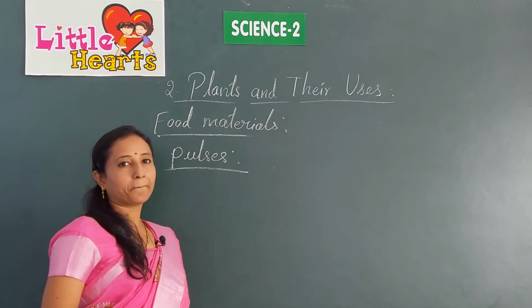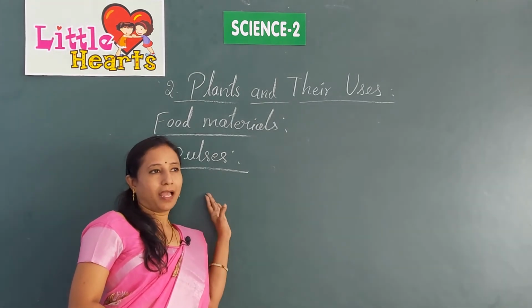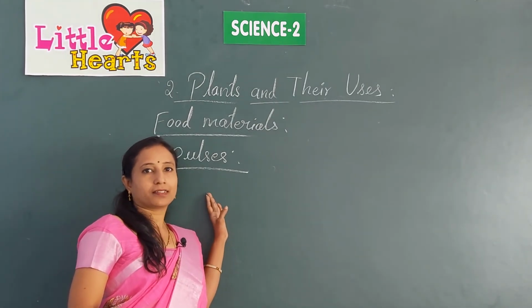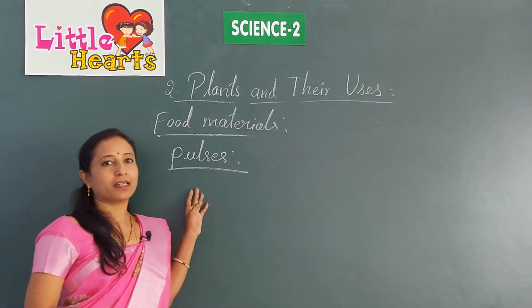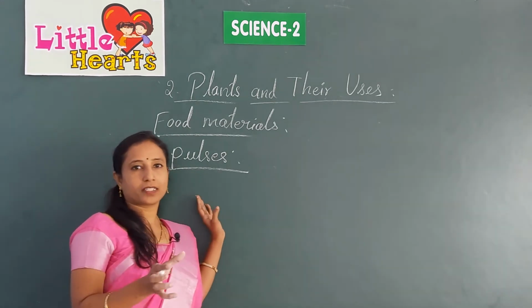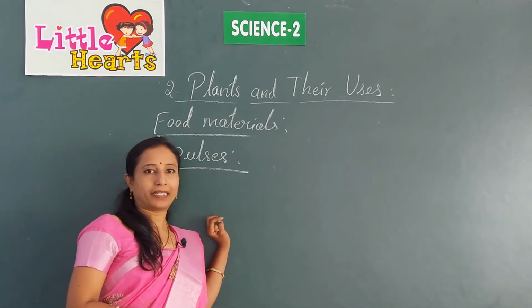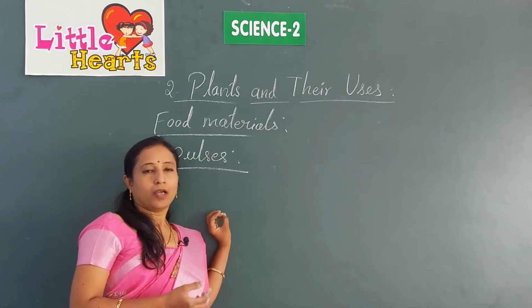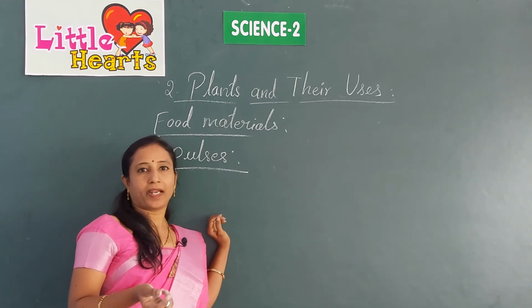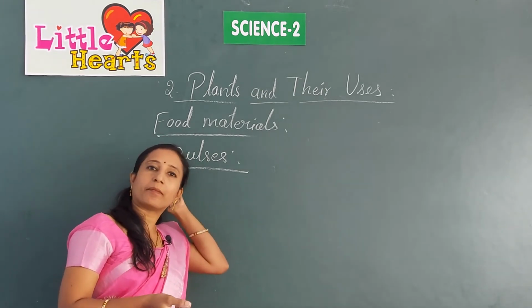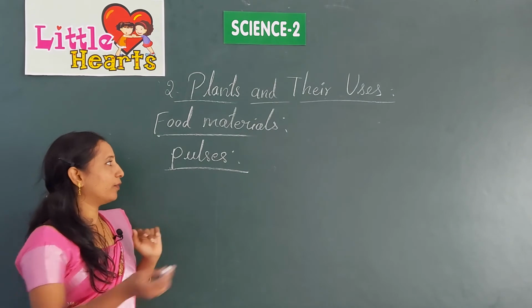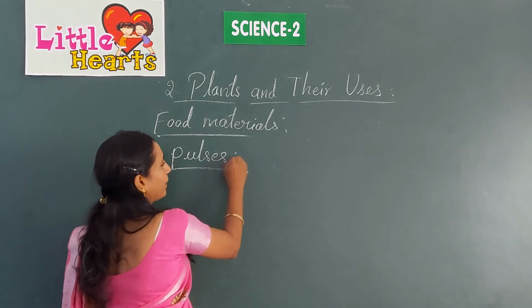What are pulses? As you take grains and cereals in more quantity, for example rice or chapati, you need some curry to eat along with that. So what is the curry made of? Most of the curries are made of these pulses. Now we will write some examples of the pulses.